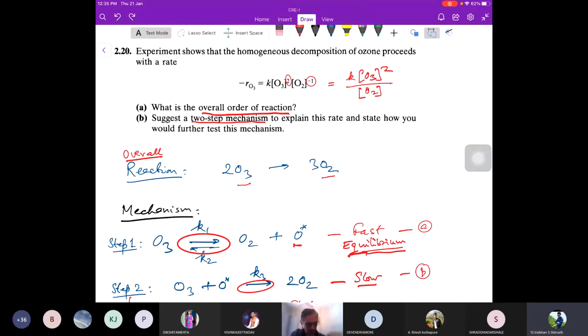Sir, the decomposition of the ozone is the example of negative order, na? It's not negative order. कहाँ negative order? With respect to oxygen. हाँ, yeah.